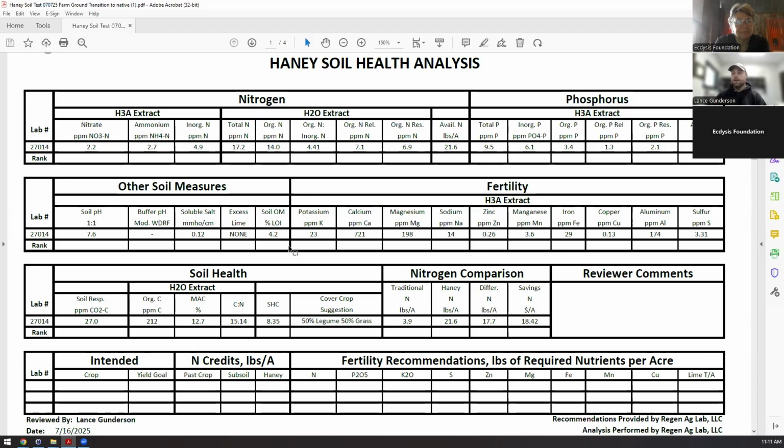It's something else. So the way we look at that relationship is with that third number on the soil health side called percent MAC. MAC stands for microbially active carbon. In other words, how much of the food available is being utilized by the microbes. And in this case, it's 12.7%.